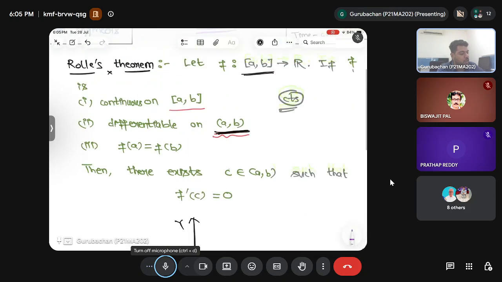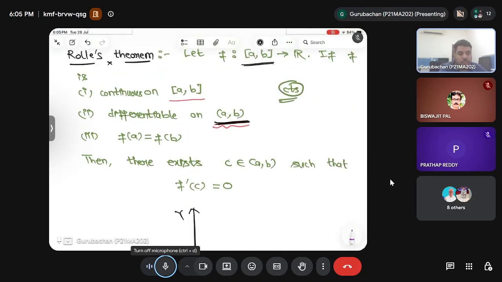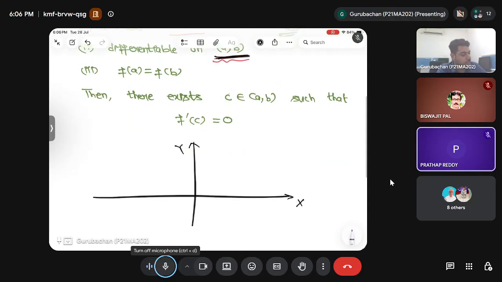Someone is trying to say something: the left hand derivative does not exist at the left side, and for the other side, the right hand derivative won't exist. Okay, so let me explain it.